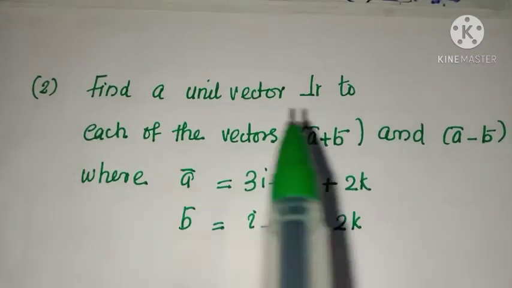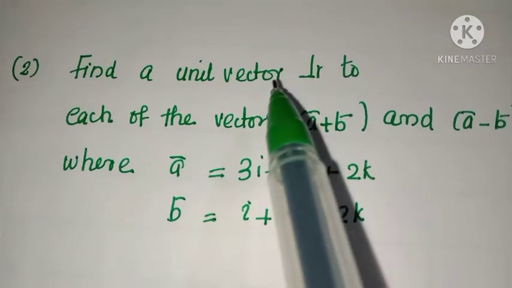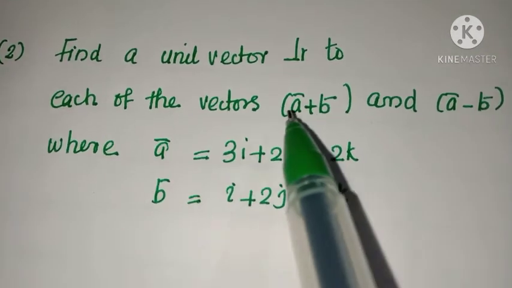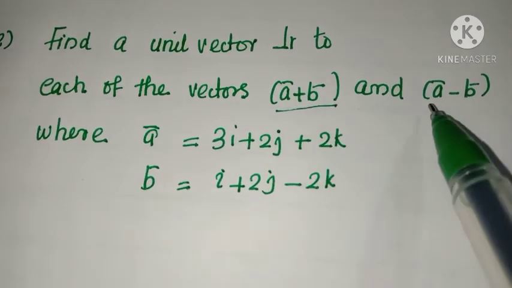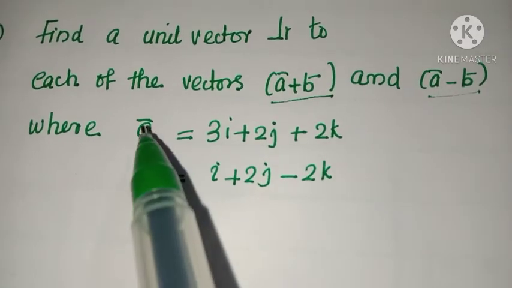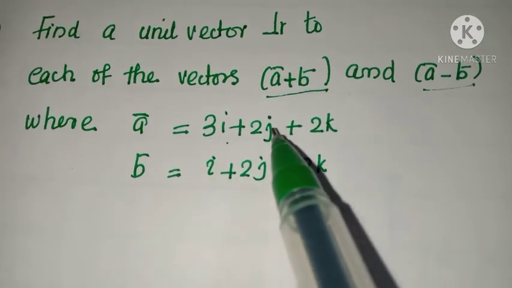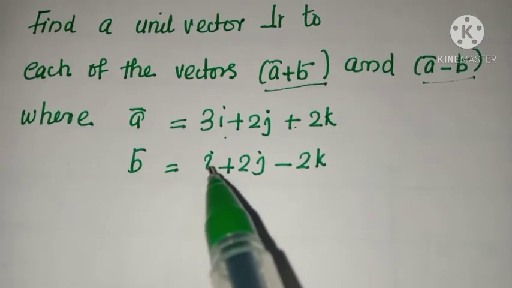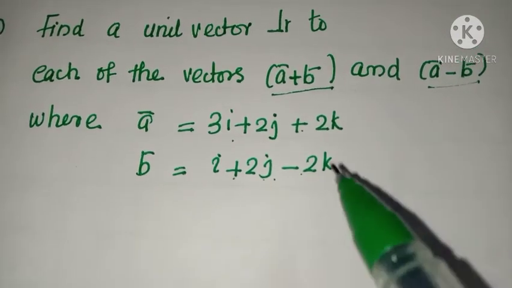Another question, number 2. Find a unit vector perpendicular to each of the vectors a plus b and a minus b, where vector a is 3i plus 2j plus 2k, vector b is i plus 2j minus 2k.